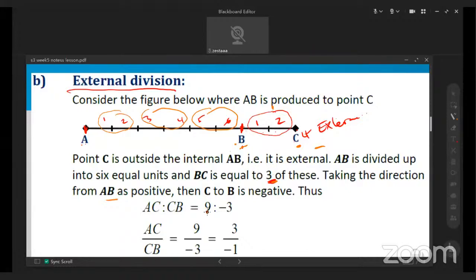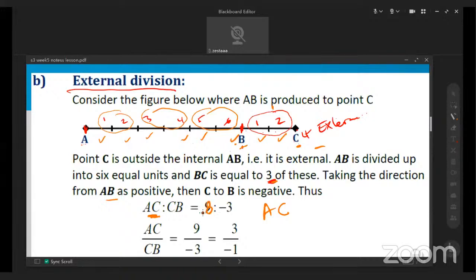So therefore, when we are saying AC, look at this AC, it is 9 times. Let me write AC. How is the 9 coming in? So this is 1, 2, 3, 4, 5, 6, 7, 8. Actually, it is 8, not 9.